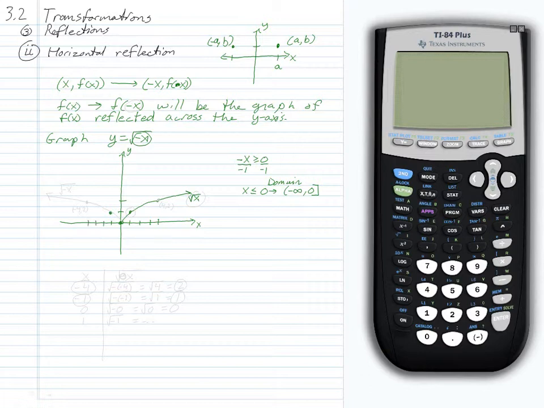If we reflect the point (4, 2), its x-coordinate will become negative 4, its y-coordinate will remain the same. So the graph of the function we would like to graph, this is the square root of negative x.